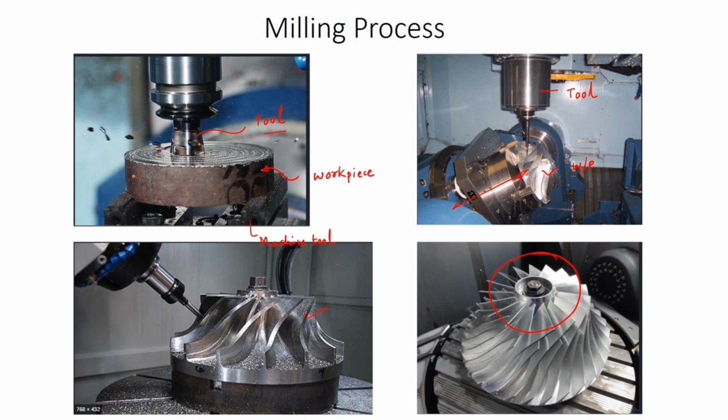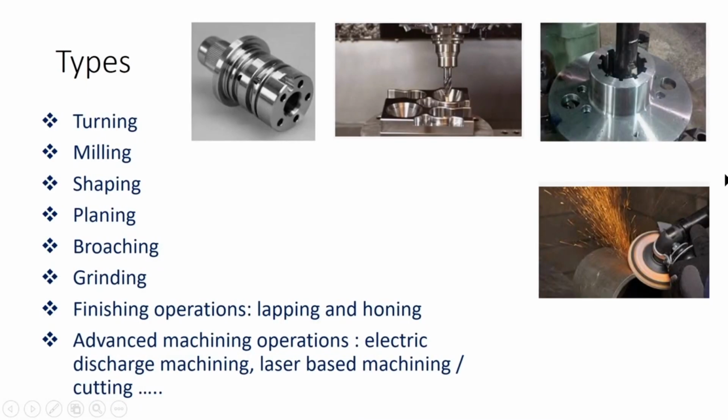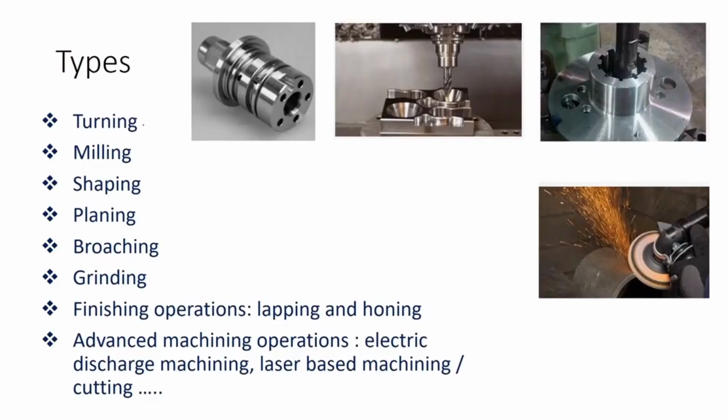to get the required shape. Well, in addition to the milling process, there are various processes such as turning. We carry out the turning operation on a lathe machine. Shaping and planing operations are used to generate plane surfaces or flat surfaces. The flat surface may be an inclined surface as well. Broaching is an interesting application.